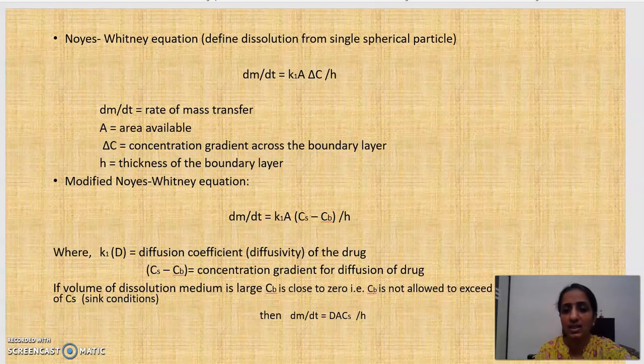This is called sink conditions. In this particular situation, the concentration of the drug in the bulk is always maintained at a low level as compared to the saturated concentration. Then the modified Noyes-Whitney equation is converted to dm/dt is equal to D A Cs divided by h, which is the thickness of the boundary layer.